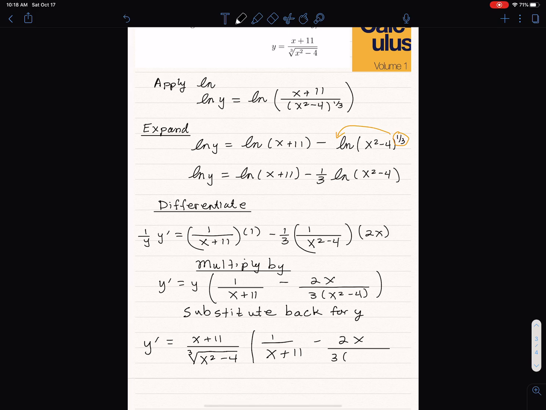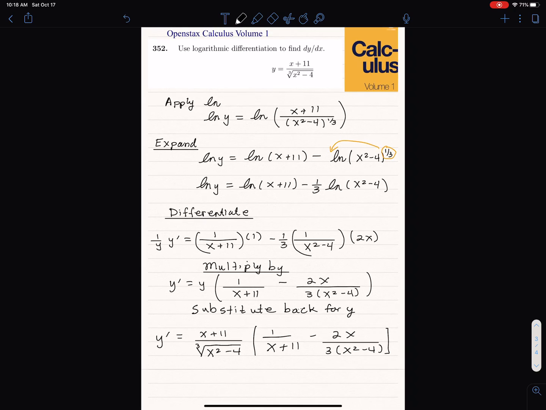So what happened is, what did we do? We had this long problem, but I avoided using the quotient rule. I avoided a lot of the stuff that would be involved if I were just taking the derivative of x plus 11 divided by the cube root of x squared minus 4 directly without logarithmic differentiation.